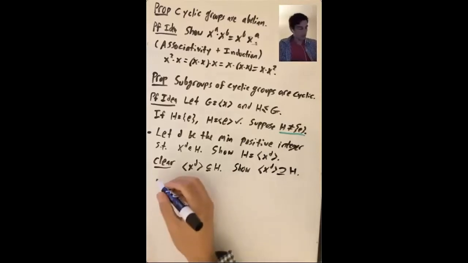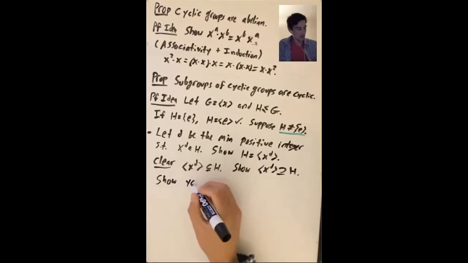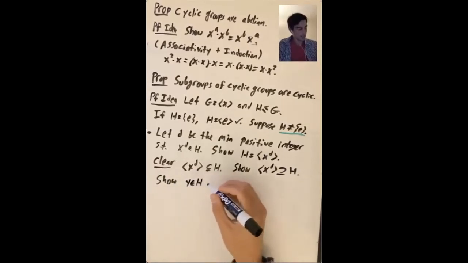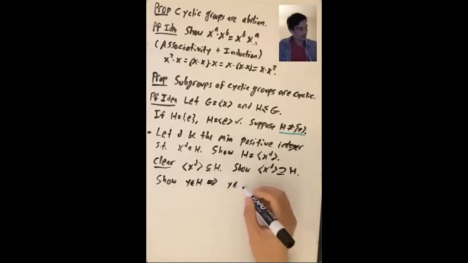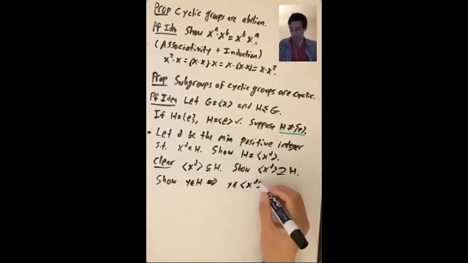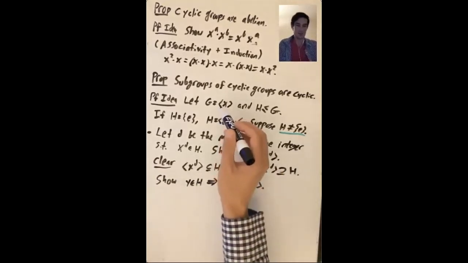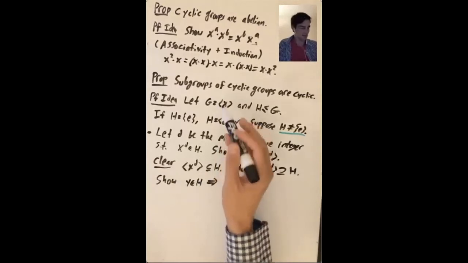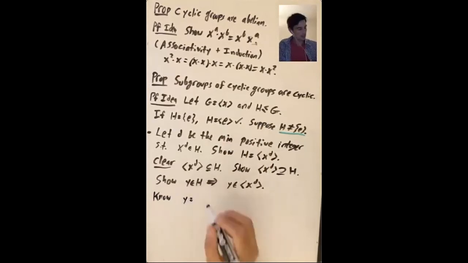So let's just put this in one more step. Show that if you have an element y in H, that implies y is in the cyclic subgroup generated by x to the d. So y is in H, so it's in this group generated by x. So we know that y equals x to the m for some m.